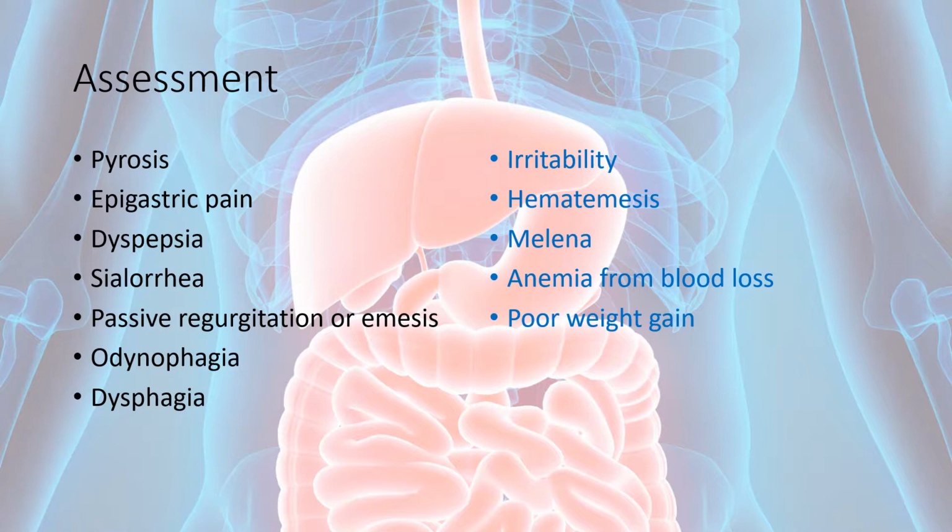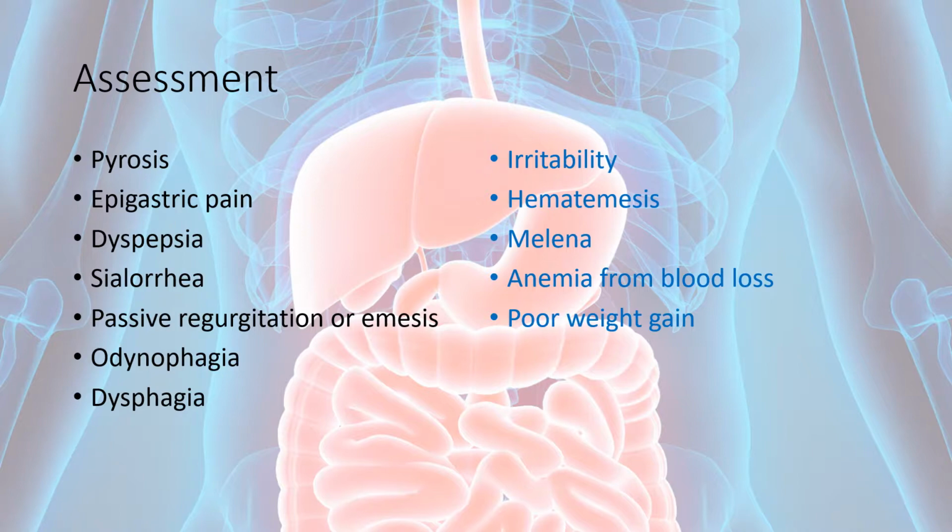Next, we have passive regurgitation or emesis. Occasionally, these patients will complain that they reflux, so there's no active process of them trying to throw up. Literally, gastric contents will just come up from their stomach, up their esophagus, and sometimes up into their oral cavity, into their mouth.